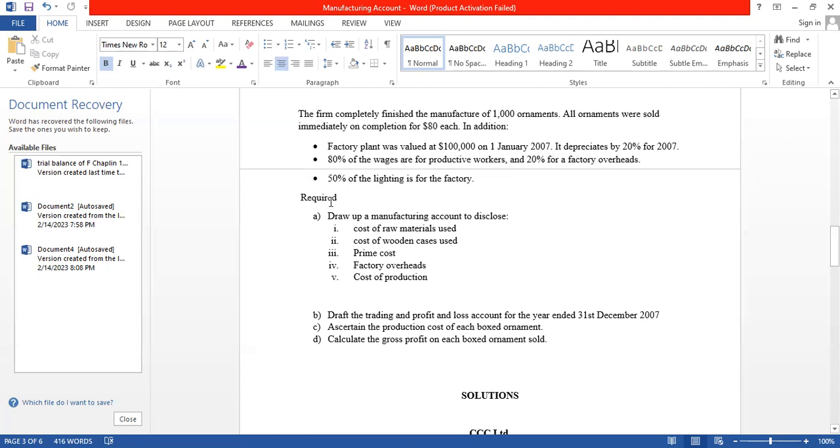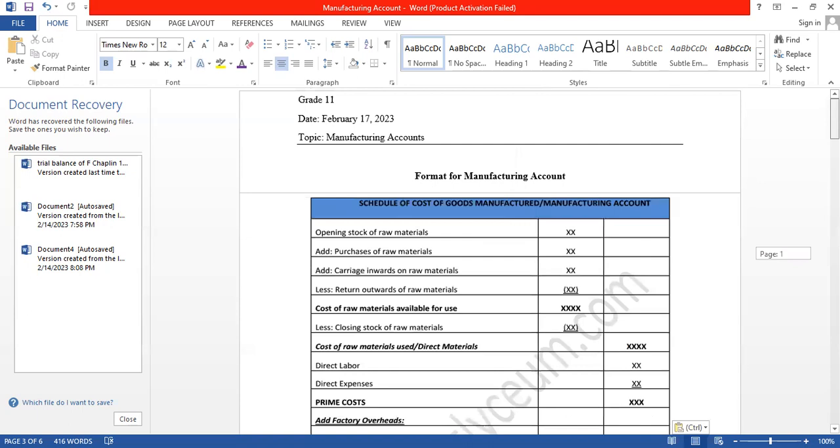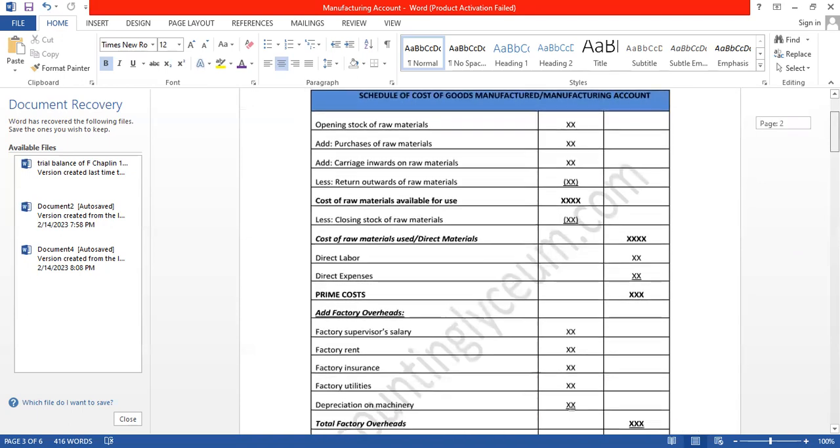And they tell you what you are required to do. A, draw up a manufacturing account to disclose cost of raw materials used, cost of wooden cases used, prime cost, factory overheads, cost of production. Let me scroll up to the manufacturing account format.